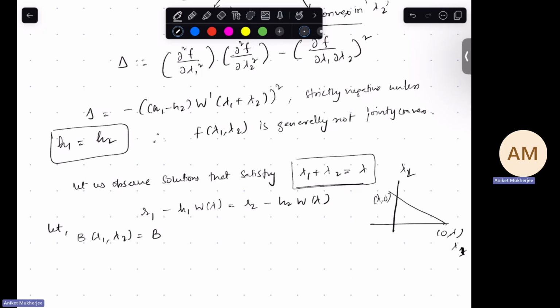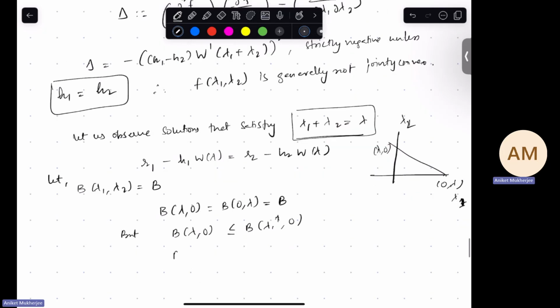Notice that the net benefit B lambda comma 0 is equal to B 0 comma lambda is equal to the same constant. But B lambda comma 0 is less than or equal to B lambda 1 star comma 0. And similarly, B 0 comma lambda is less than or equal to B 0 comma lambda 2 star.